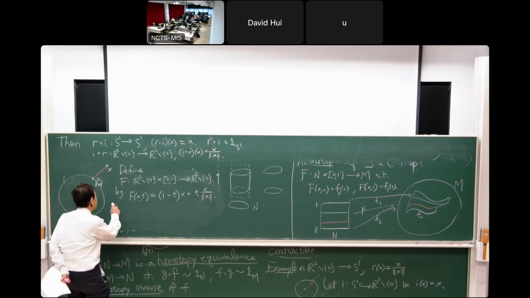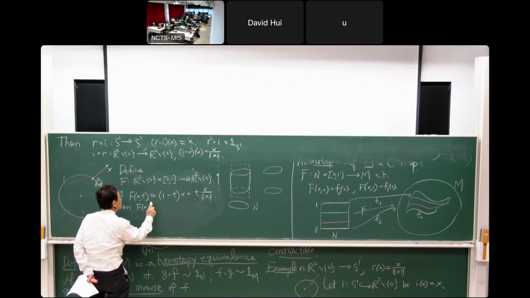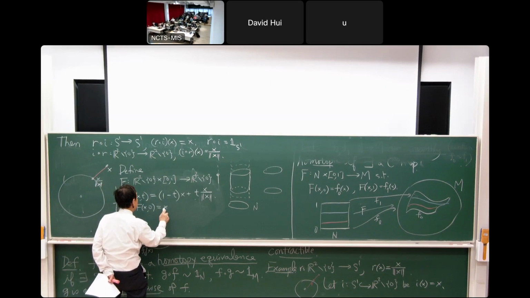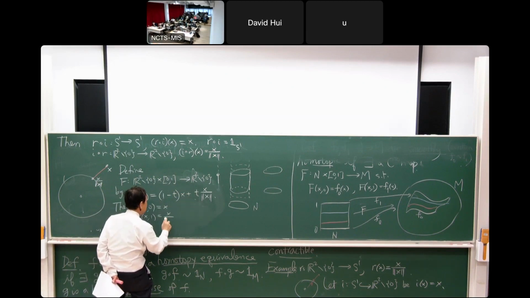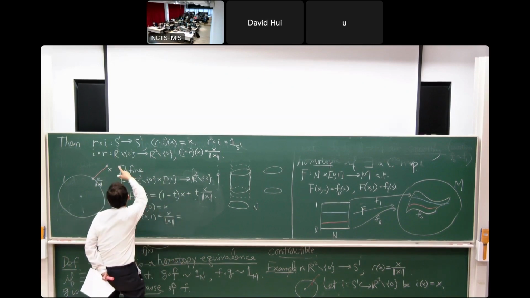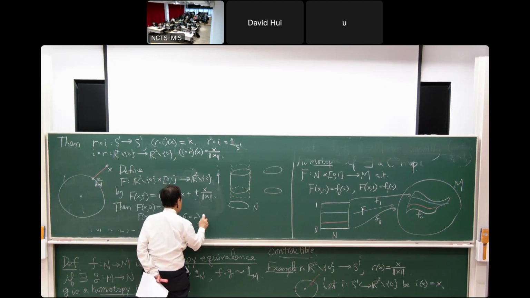Then F at time 0 is the identity map. And then F at time 1 is x over its length, and that is I composed with R of x.